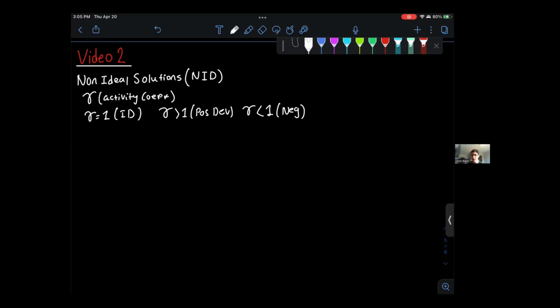Now, how do we find our activity coefficient? It's the activity divided by the mole fraction that is equal to our activity coefficient.